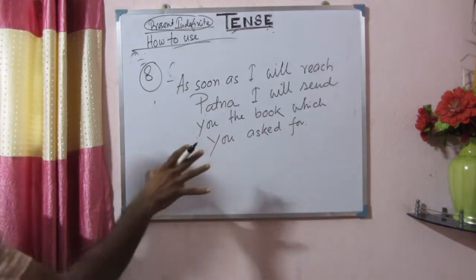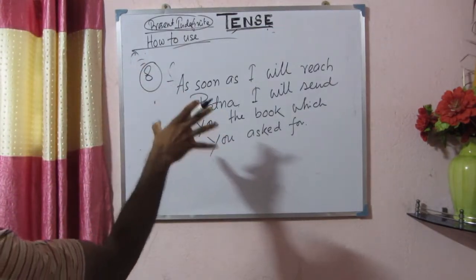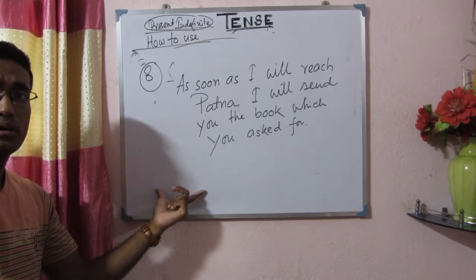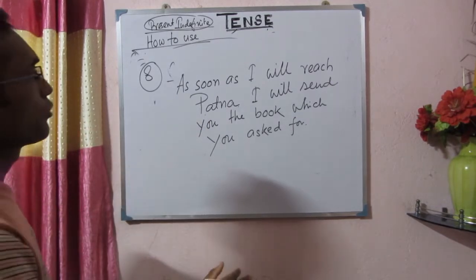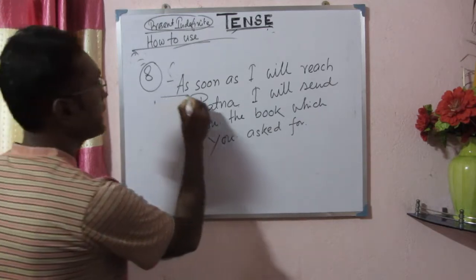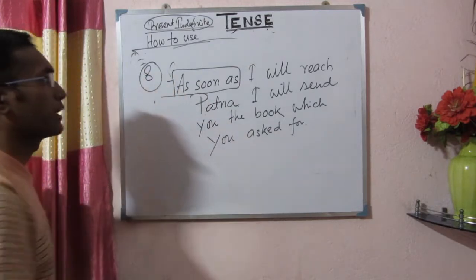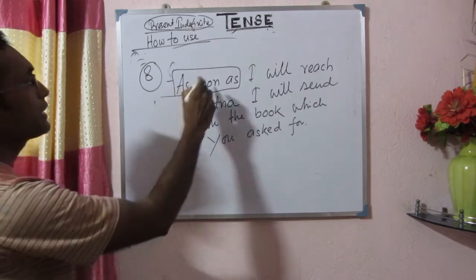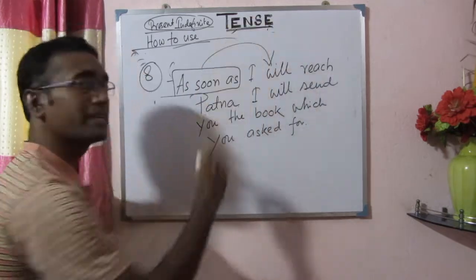Now, if I ask you whether this sentence is right or wrong, this sentence is wrong. Why is it wrong? Already I have told you that if there is a word like as soon as, before, after, when, if, unless, then after it you have to put present indefinite tense.